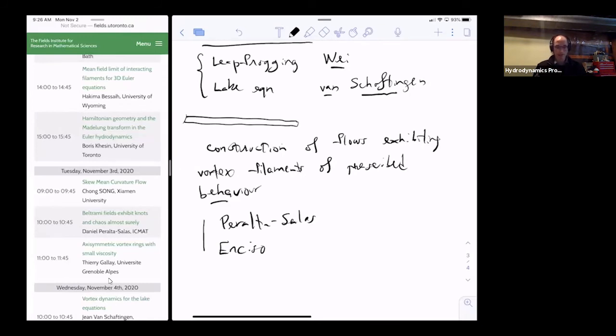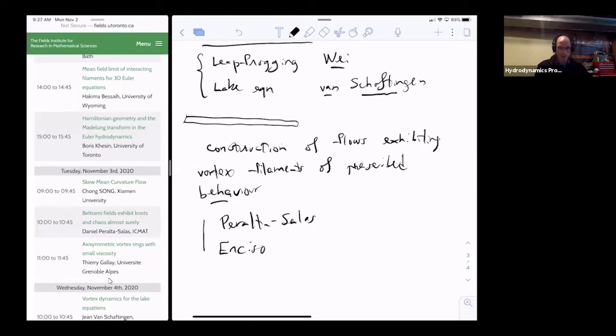And again, they're tracking, say, one vortex submanifold within a larger flow about which not so much information is available. So they start by constructing the solution in a tiny neighborhood of the thing they want to construct, and then they approximate it by a global solution which is close to the given thing. But they're very interesting results.